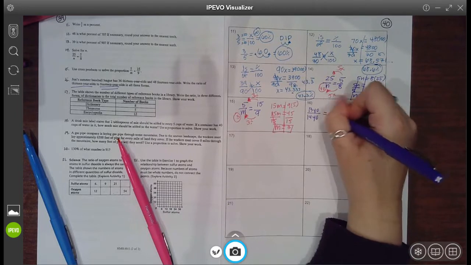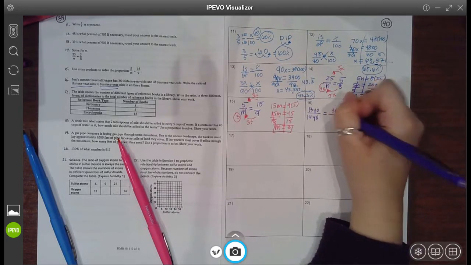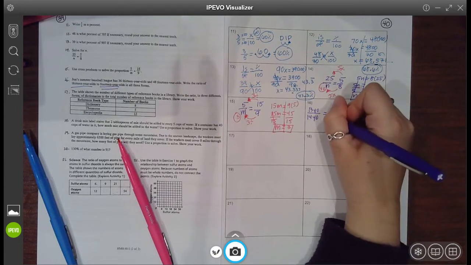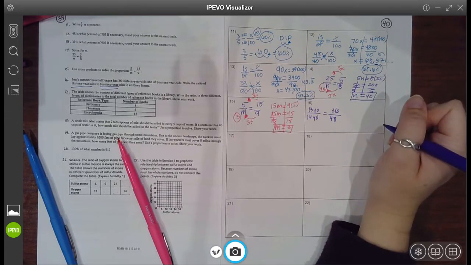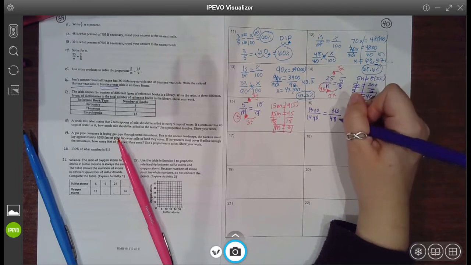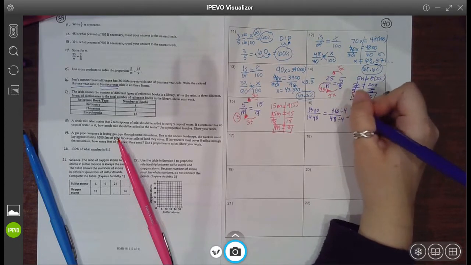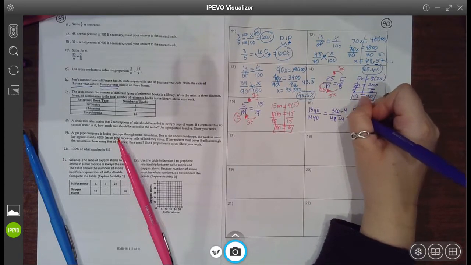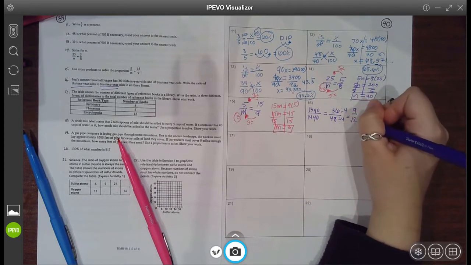There were 36 13-year-olds, and there were 48 14-year-olds. And when they say they want the ratio, I want to reduce this to lowest, simplest terms. So what can go into both? I see 4 can go into both. 36 divided by 4 is 9, and 48 divided by 4 is 12.